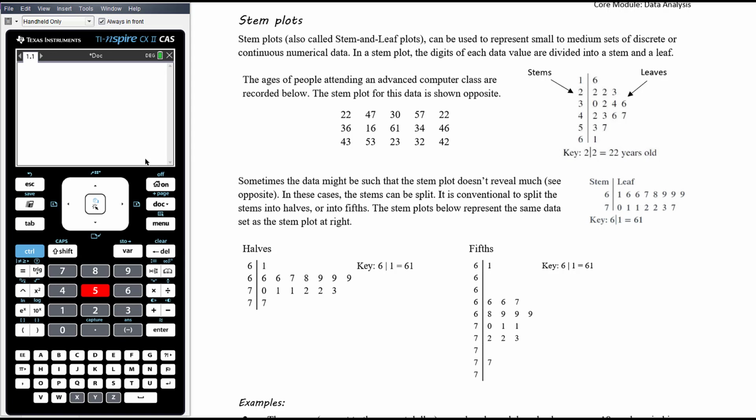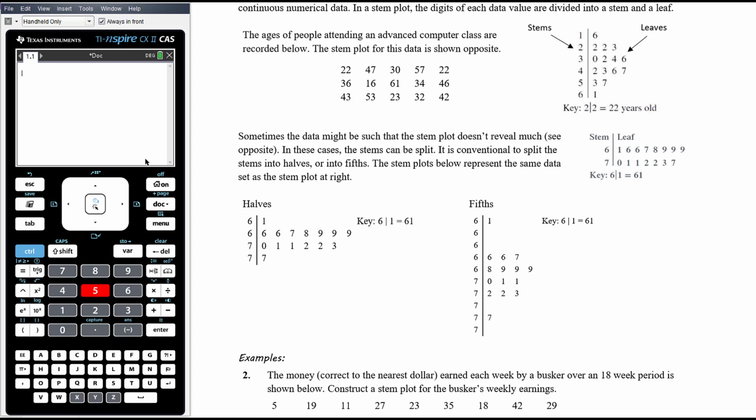So in this case, we can split the stems, and it's conventional to split the stems into halves or into fifths, and that's because 2 and 5 both go into 10. If we were to split it into halves, we would create 2 stems for 6 and 2 stems for 7, and essentially this would be all the numbers between 60 and 64, and this would be all the numbers between 65 and 69.